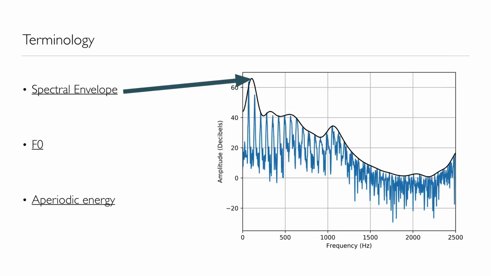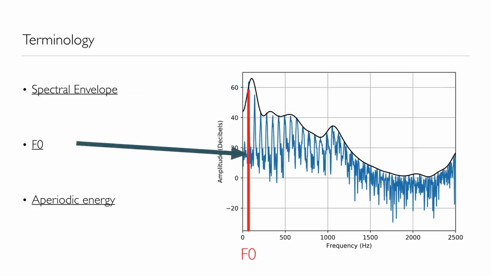You can see the formants or the values of this frequency response. Also, we want to extract from the waveform a second feature called the fundamental frequency, or F0, which is the frequency at which our vocal folds vibrate.